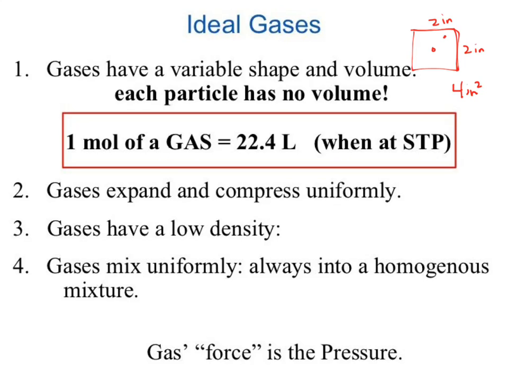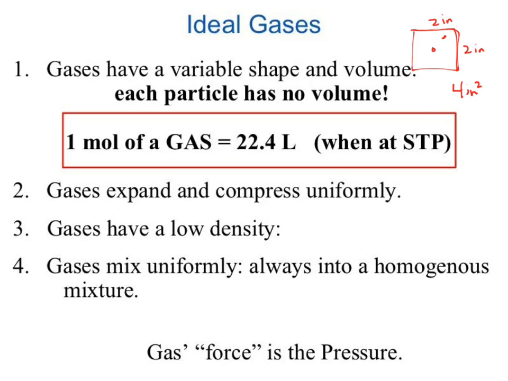If we put in a second particle, can that second particle exist in the exact same spot as our first particle? No. That volume is now occupied. It cannot be at that point, which means what happens to the volume of the container for these 2 particles? The available volume goes down, and that's what we're concerned about when we run our calculations.